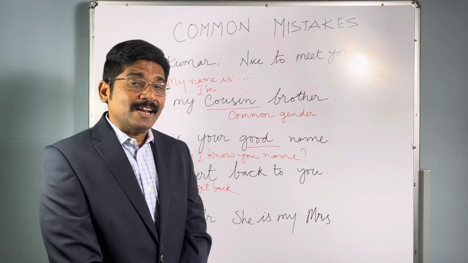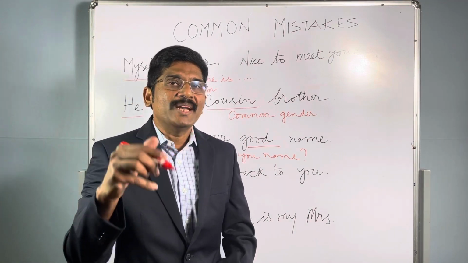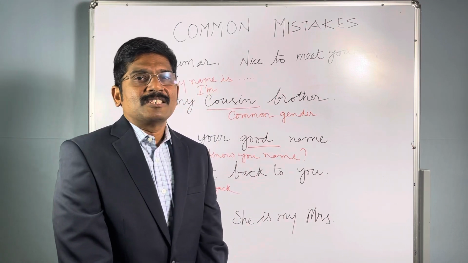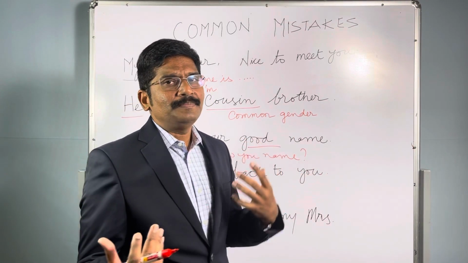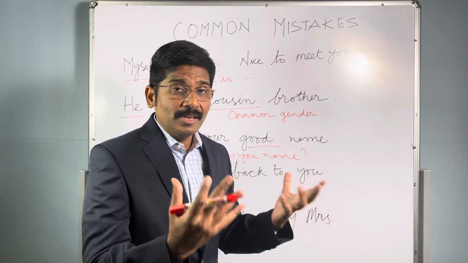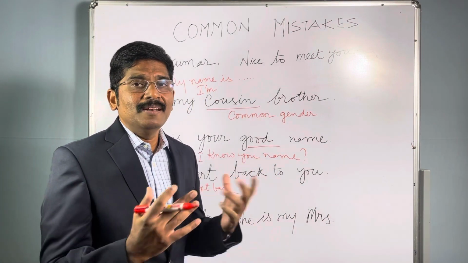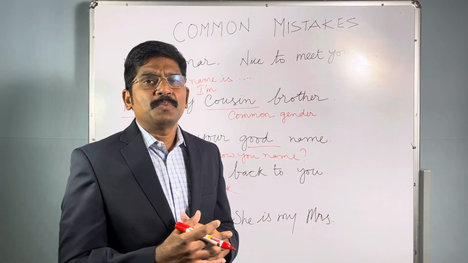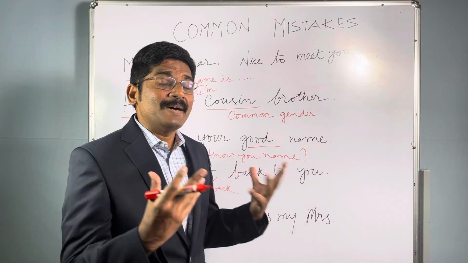But sometimes there's a confusion. When we want to address, particularly when you're responding in mails, suppose we get a letter from a male client or a female client or a female vendor, and we don't know whether she is married or not.